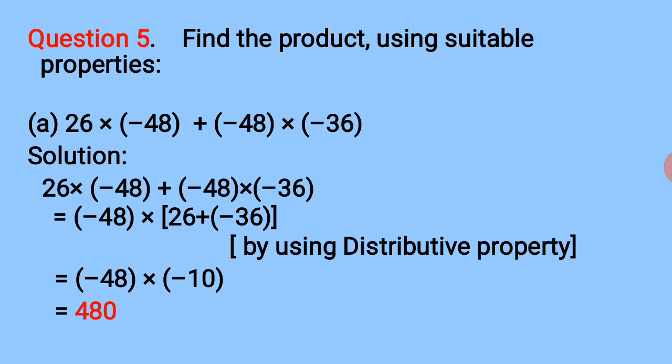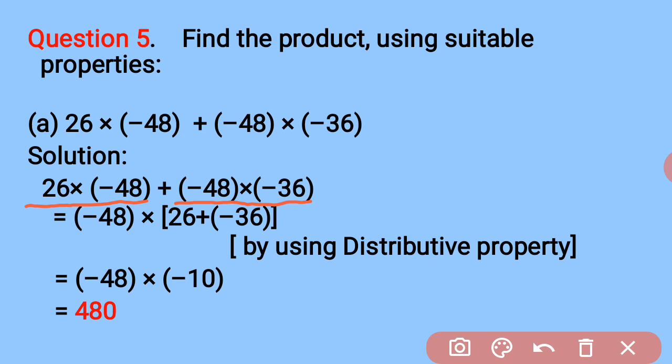Let us check what that common thing is. Here, 26 into minus 48 is one term, and minus 48 times minus 36, the multiplication of these two, is the second term.